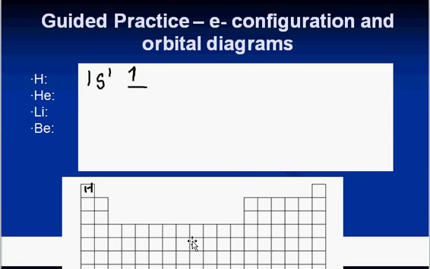So with hydrogen, I'm in this first row, or this first energy level. So I start off by writing 1. It's in this S block, so I'm going to write an S. And I only have 1 electron, so I write a superscript 1. And this over here is my orbital diagram.